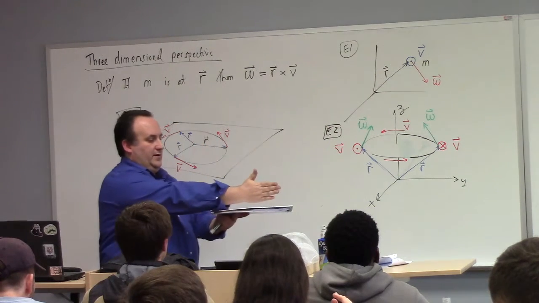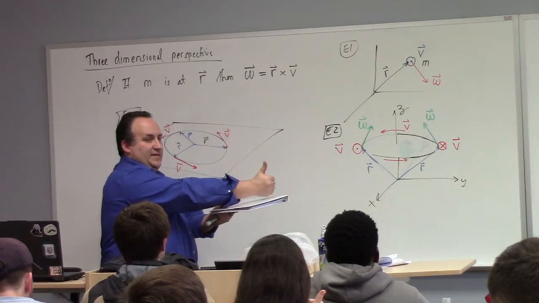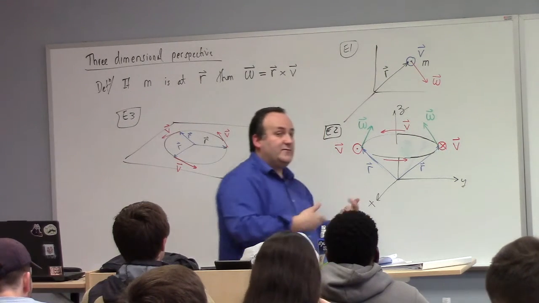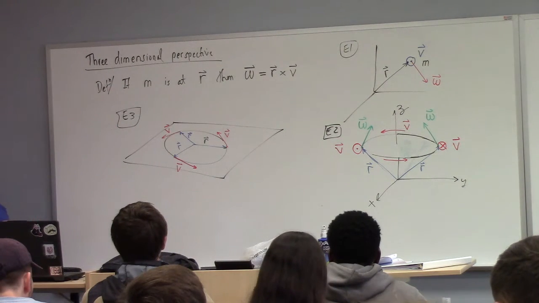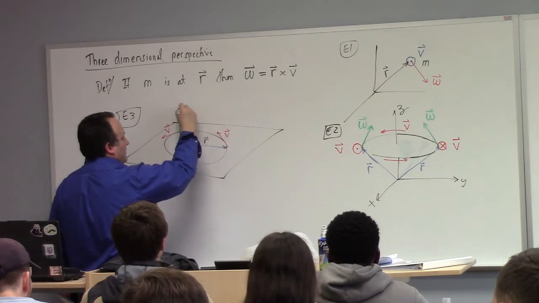Here's my velocity, r from the center, crossing the v, my thumb straight up. It's the cross product of the radial vector and the velocity vector. It has to be perpendicular to the plane every time. So in all three cases, it's like this.